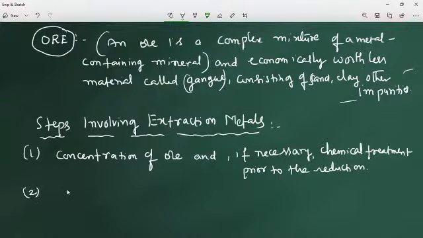The second one is reduction of the metal. You can say reduction of the mineral to the free metal.